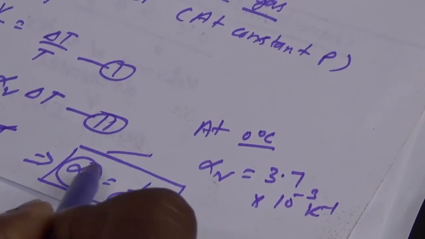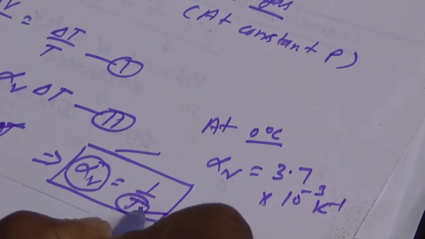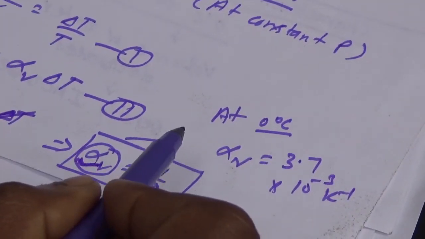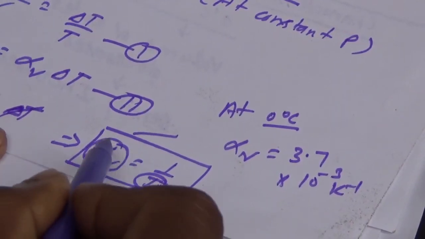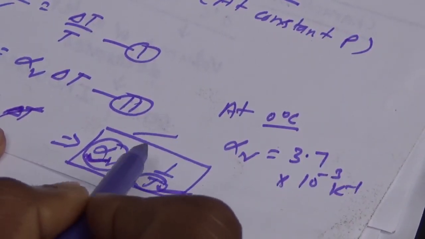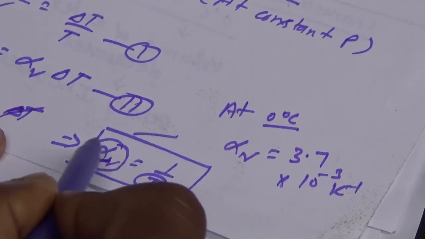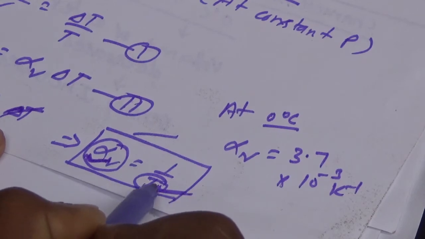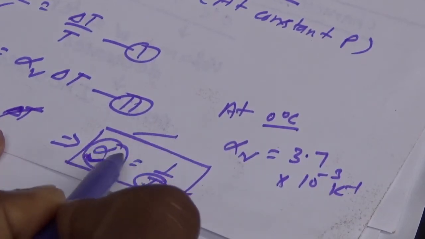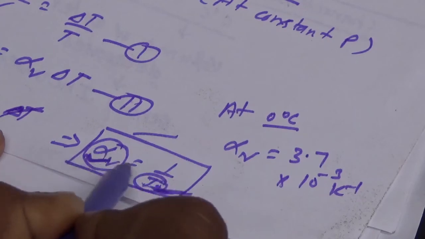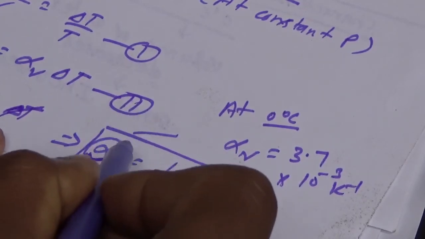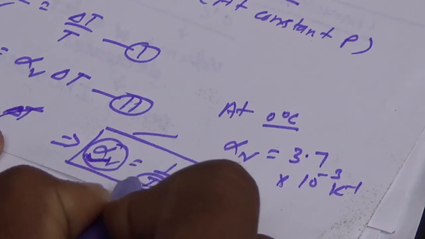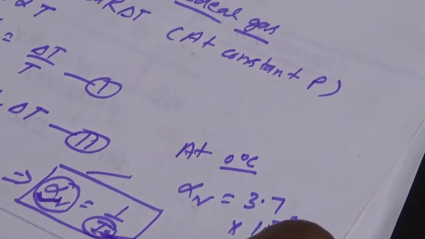From this relation, when temperature rises, alpha V decreases. Alpha V is the coefficient of volume expansion, and it decreases with increasing temperature. Here we have seen an inverse relation between alpha V and T.